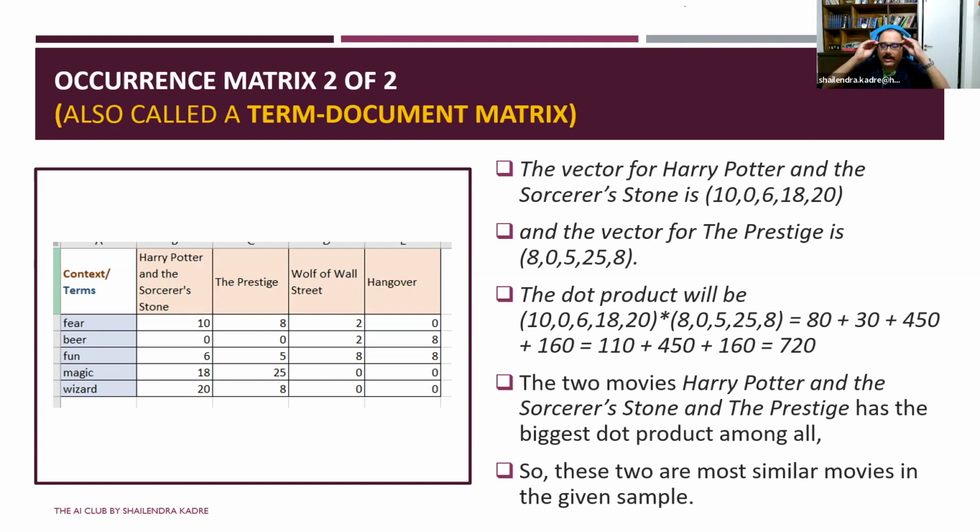Suppose you have watched the movie Harry Potter and the Sorcerer's Stone on Netflix. Netflix wants to throw a similar movie at you because it thinks you are interested in magic movies. So what movie will it throw? It will throw the Prestige movie at you because it is a similar movie.